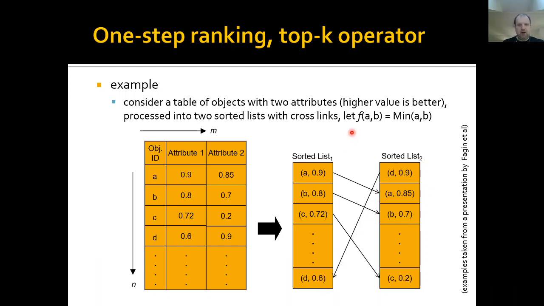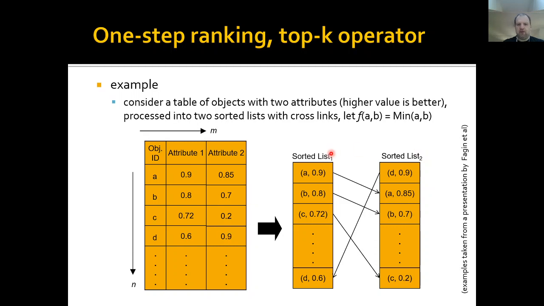And in the running example, we will have the minimum aggregating function, and of course we have the interpretation that a higher value is better, so that's why we have the highest values on top. So for attribute 1, A is the best. For attribute 2, A is not the best because there is 0.9.